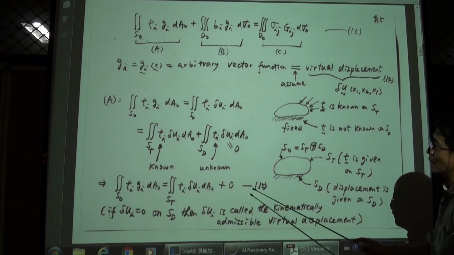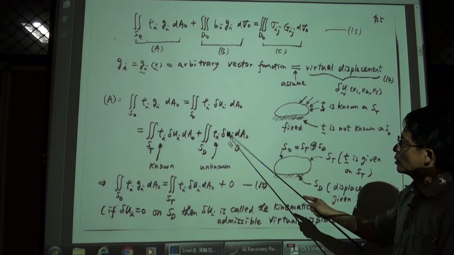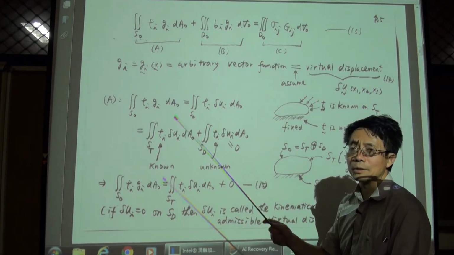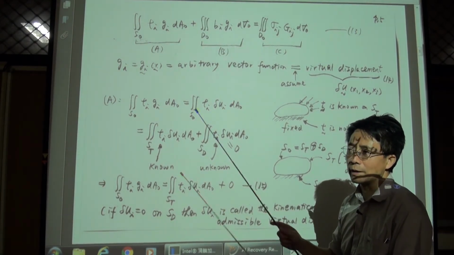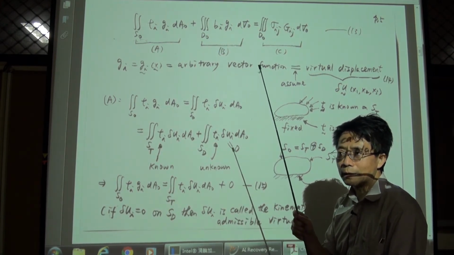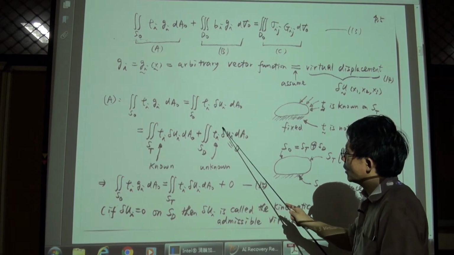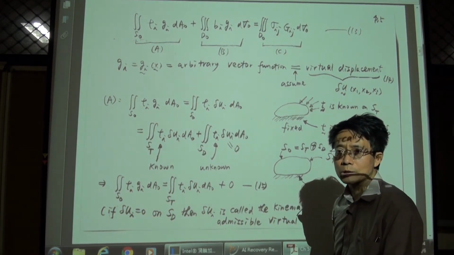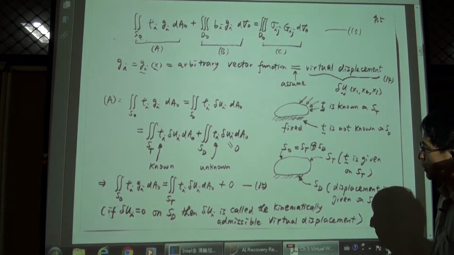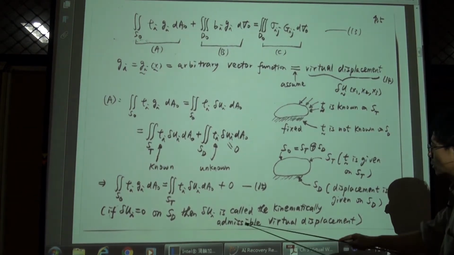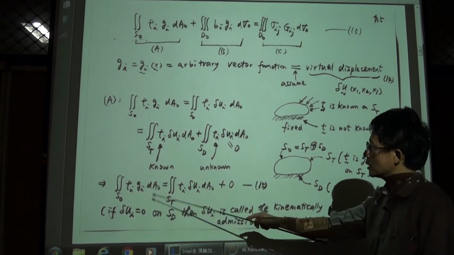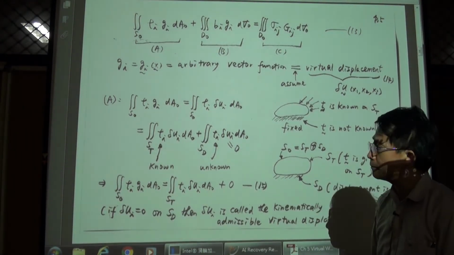Kinematically admissible means that you don't let the virtual displacement be too arbitrary. You can choose anything, but we don't want to do this. We assign a constraint that it equals 0 along the displacement boundary, so this special terminology is given to the virtual displacement for this reason.